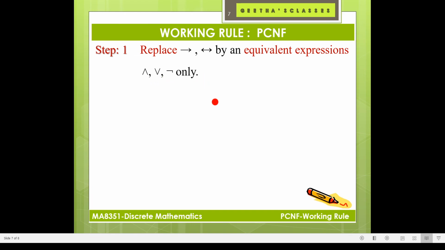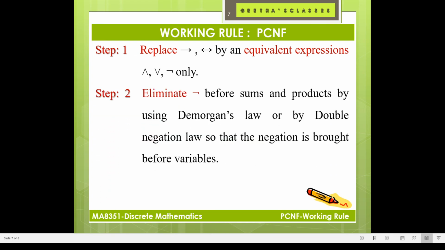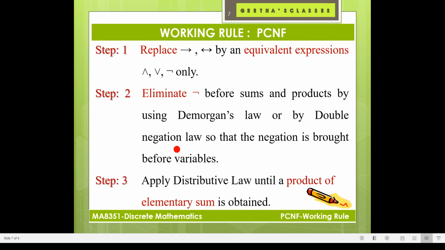Step 2: eliminate negation before sums and products by using De Morgan's law or the double negation law, so that the negation is brought before the variables. Step 3 is different. You have to apply the distributive law until we arrive at a product of elementary sums. There we obtained a sum of elementary products, but here you are getting a product of elementary sums, so you have to repeat the distributive law.